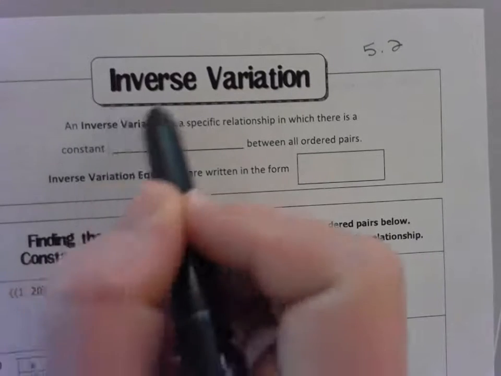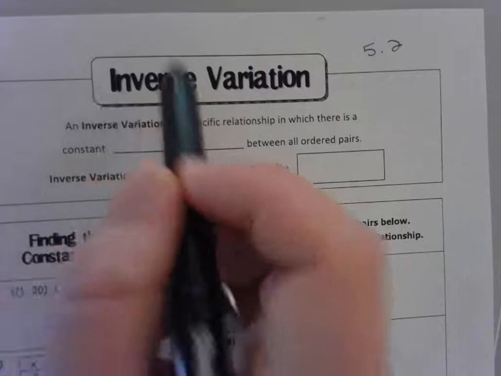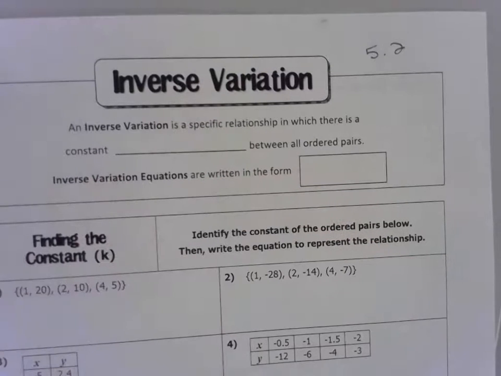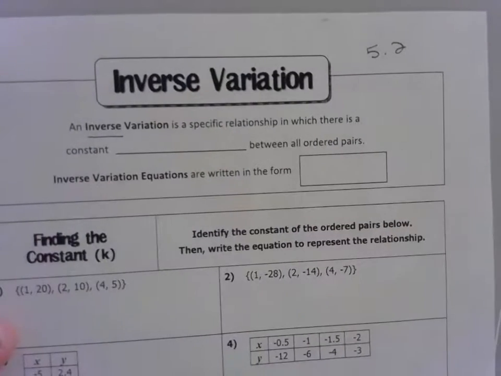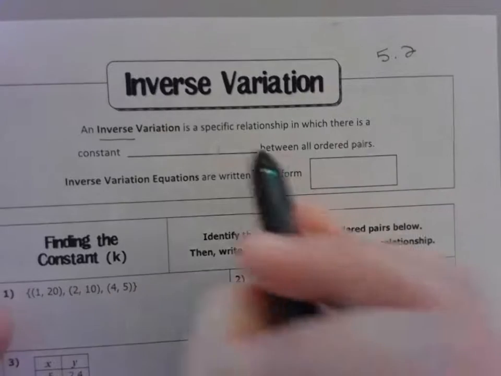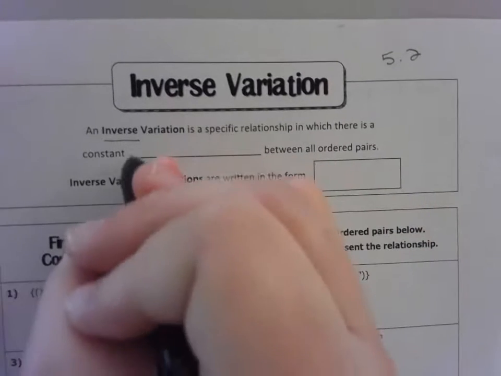The inverse variation. What does the word inverse mean? It's a fancy math word. It is the what? Reversed, or the opposite. So we're going to use that same thought process with what we're doing today. So the inverse variation is the opposite of direct variation. So it is a specific relationship in which there is a constant product.